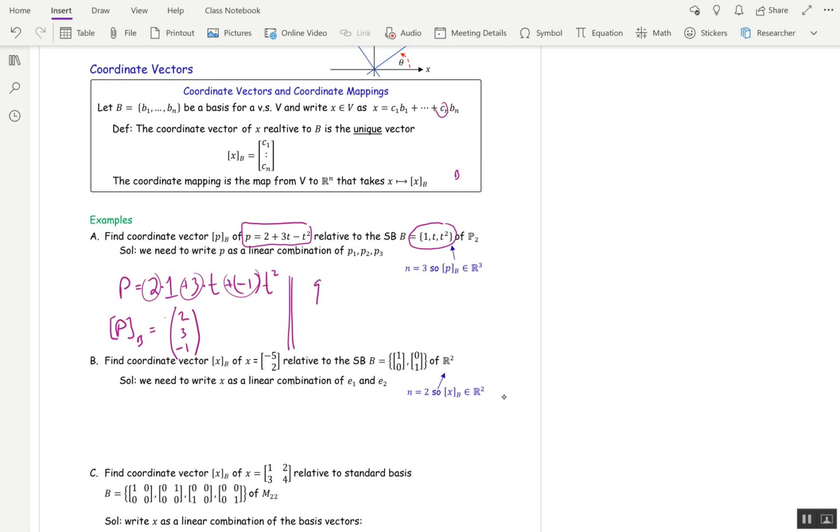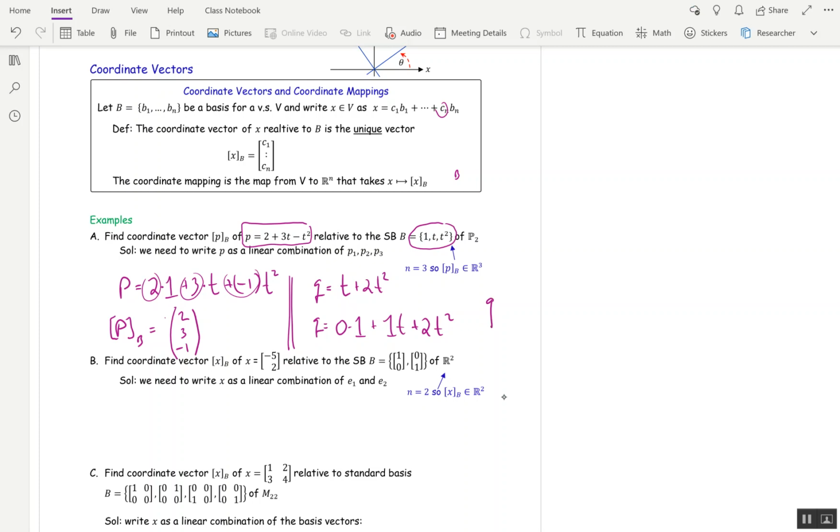Suppose q is the vector t plus 2t squared. Well, that's the vector 0 times 1 plus 1 times t plus 2 times t squared. So the coefficients are 0, 1, and 2.